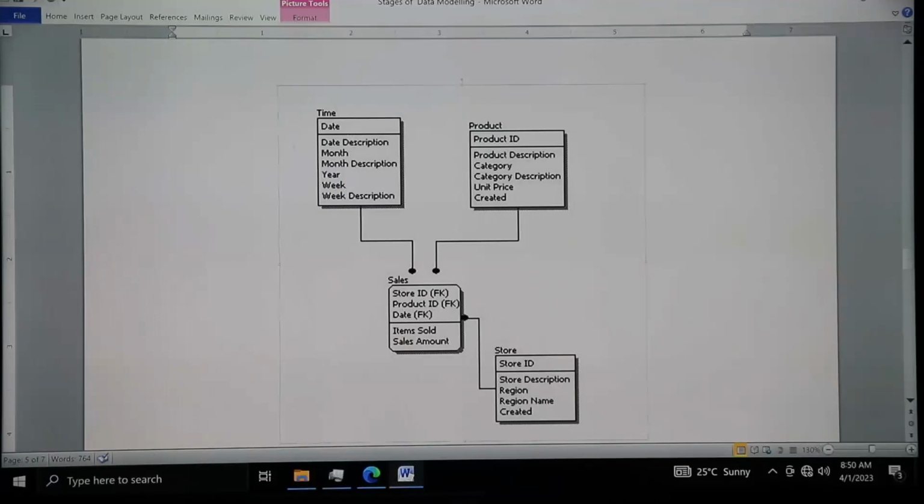Initially we had entities, but we never had attributes. If we are referring to time, we are referring to specifically what? The date description, the month description. If it is product, we are referring to product IDs, product description, categories. So we have more details about our products.